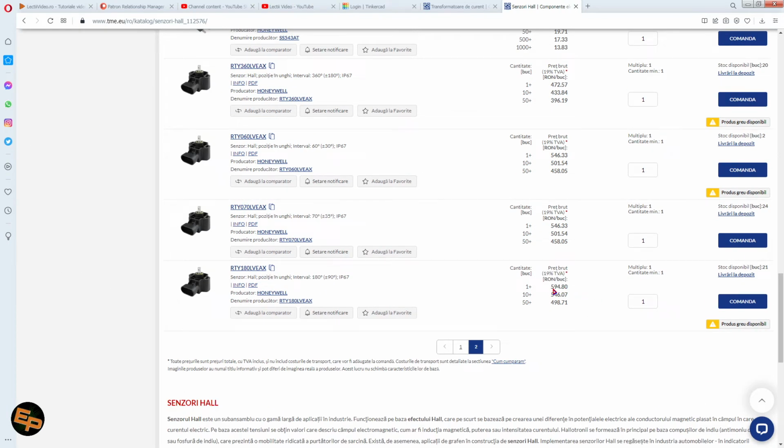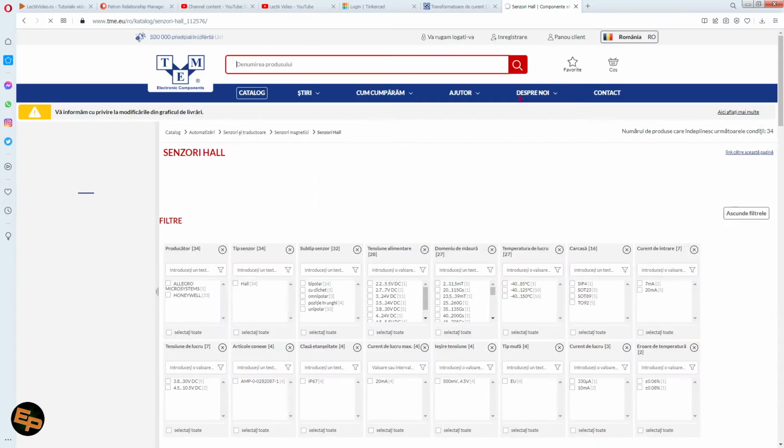You can even have a 130 euro or so sensor, the most expensive one.